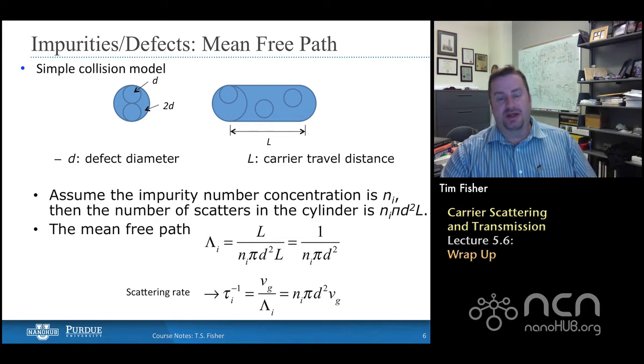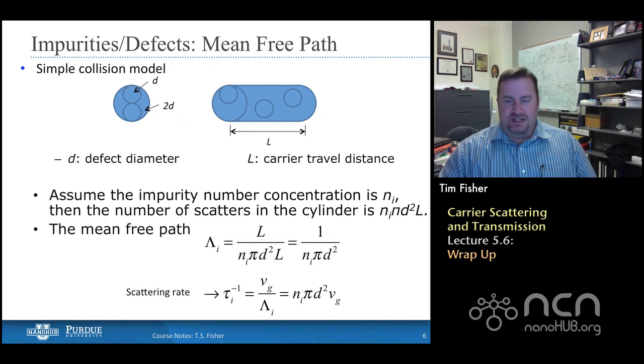We end up with a really nice result that the mean free path goes as the inverse of the cross-sectional area of this cylinder, that's pi d squared, times the defect density. So the smaller it is, of course, the larger the mean free path. And so this defect diameter D, in this case, is an effective radius or diameter, depending on how you look at it, of the defect itself.